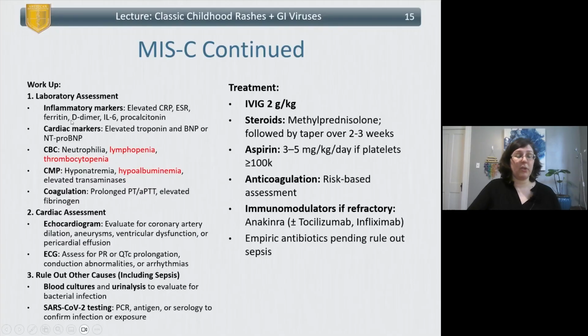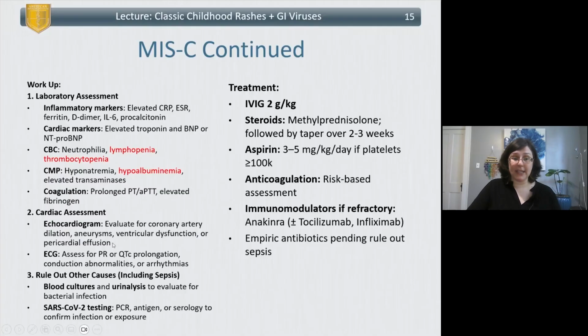So we usually do a ferritin, a D-dimer, IL-6, a procalcitonin, and there can definitely be clotting abnormalities, which is why we do a lot of this workup for coagulation abnormalities. So we also do PT, PTT, a fibrinogen, cardiac markers, CBC, CMP. Hypoalbuminemia is a very common finding as well.